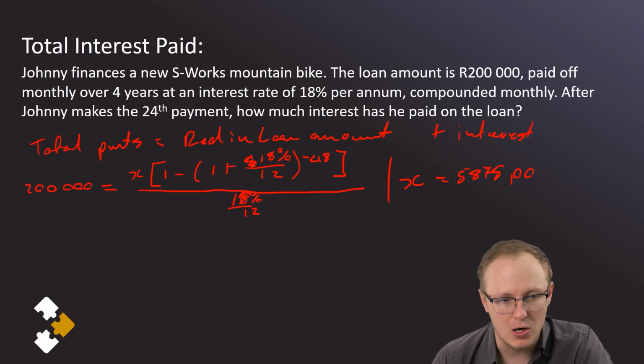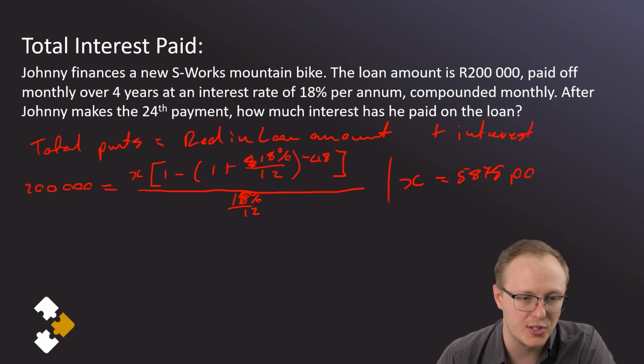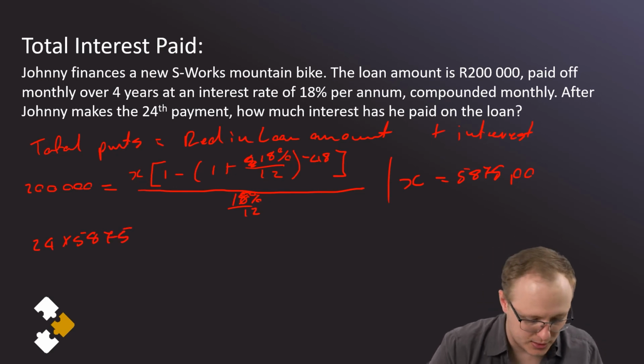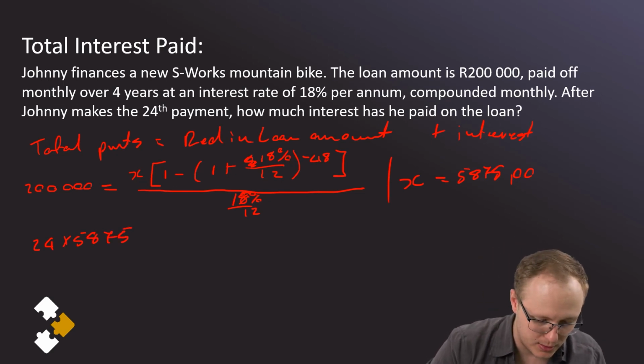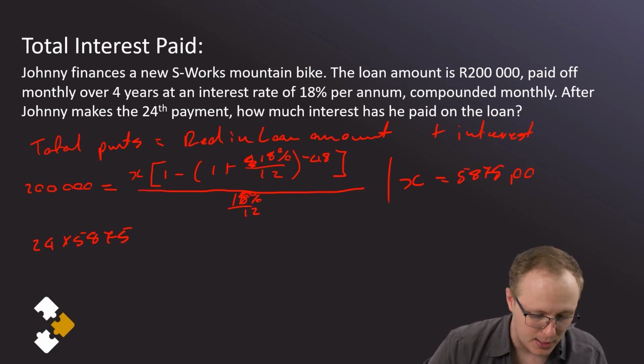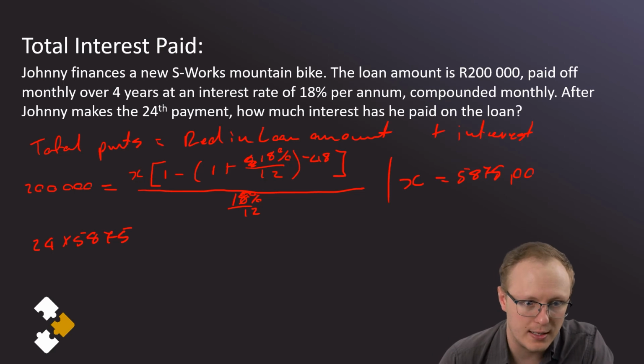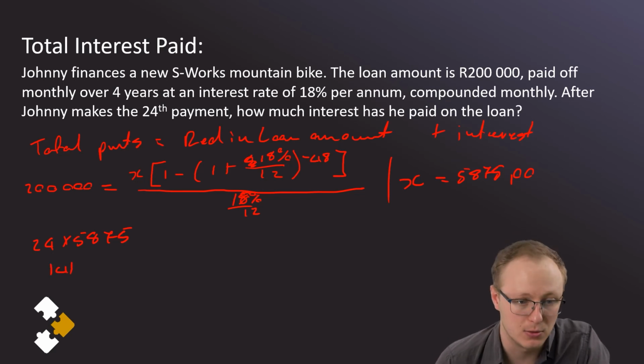Now we need to figure out how much he actually paid, the total payments, after the 24th payment. So he would have paid already 24 times 5875. So that's going to be 141,000 Rand that he's already paid for a bicycle.